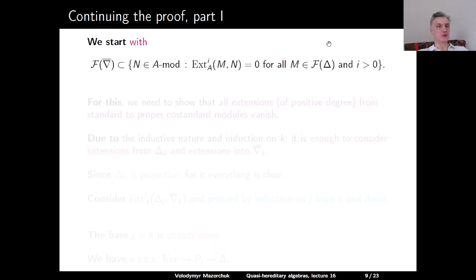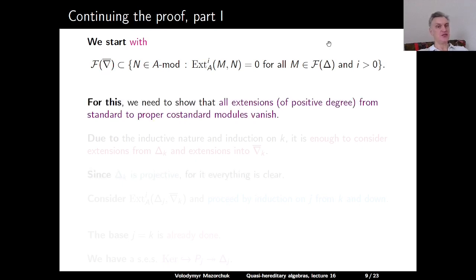We start with proving that the category of modules with costandard filtration is right homologically orthogonal to the category of modules with standard filtration. And for this, we need just to show that all extensions of positive degree from all standard to all proper costandard modules vanish.